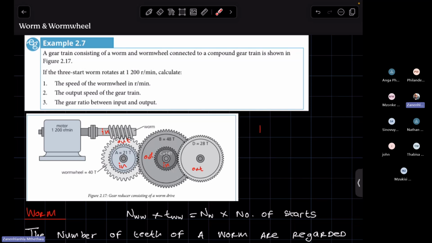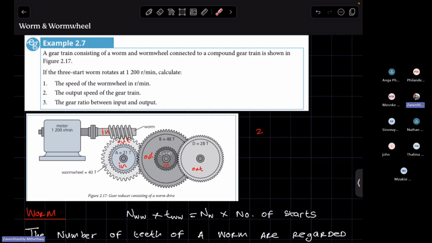So if the number of starts of the worm is now two, for instance, that means that if we rotate the worm by one revolution, the worm wheel would rotate by two teeth.